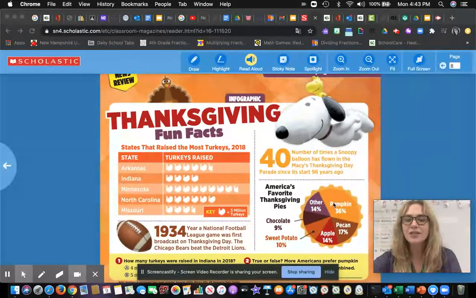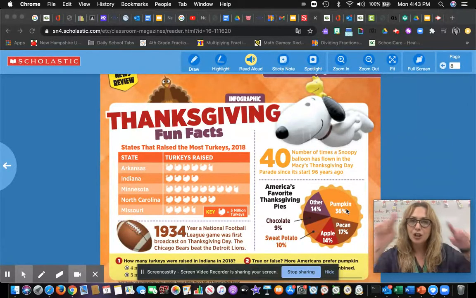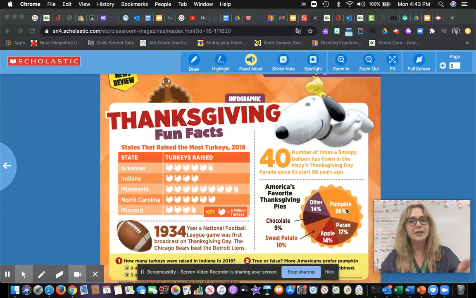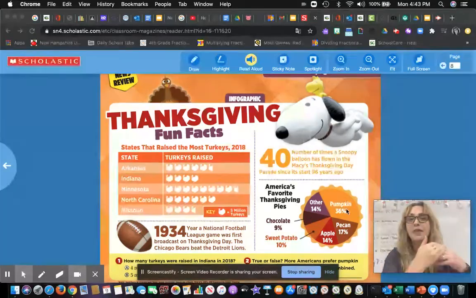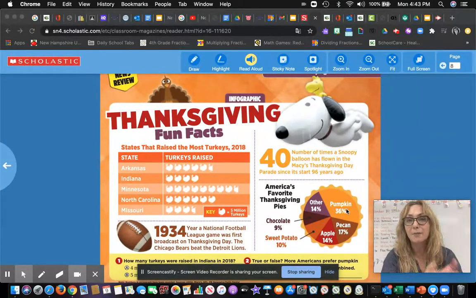And it looks like they have broken them down into percentages. So if you think about a whole pie as being 100% of the pie, and each piece is cut into a percentage of the type of pie that people in America like to eat the most, well, that biggest chunk is the pumpkin pie, right? 36% of Americans like pumpkin pie the best.